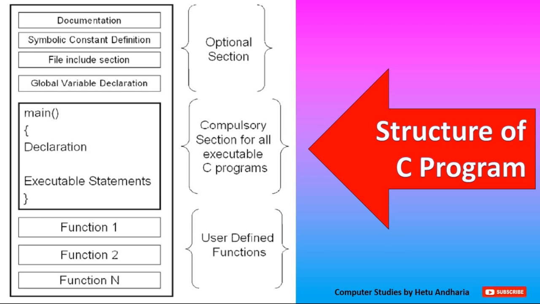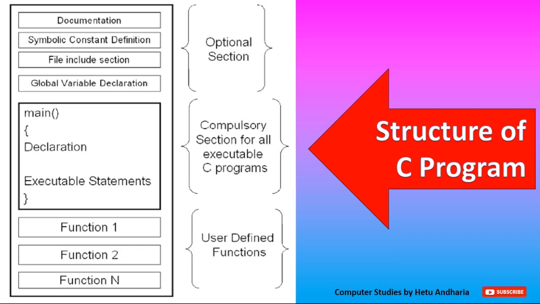Then comes the compulsory section for all executable C programs. It starts with main. Okay. Bracket open, bracket close, and thereafter the curly bracket, and inside the curly bracket you will have to do all the declaration of variables and executable statements.